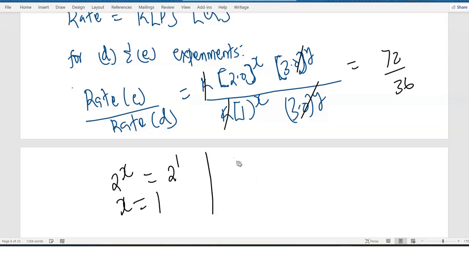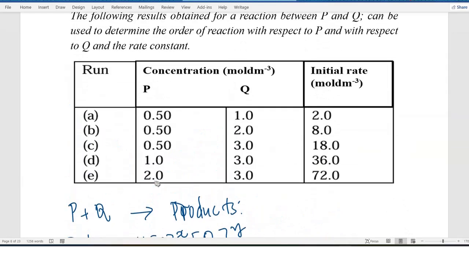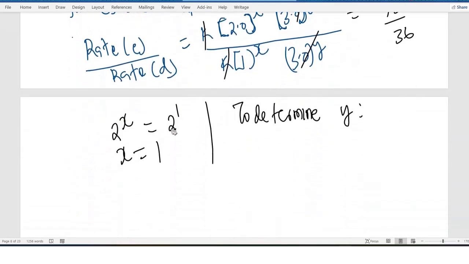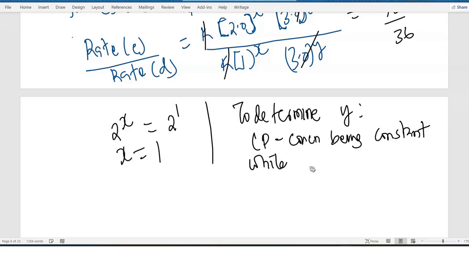So how do we determine Y? To determine Y, we are going to see those experiments where P was constant, while Q concentration is varying.